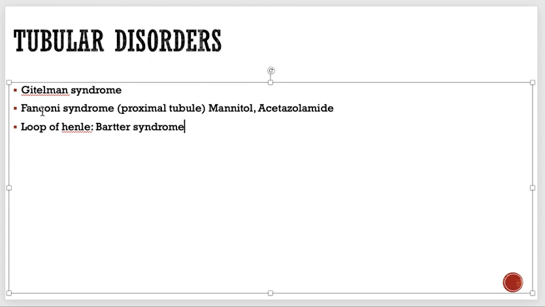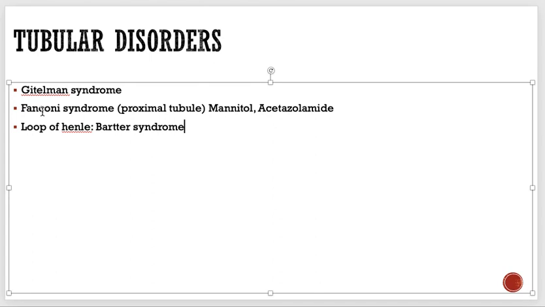Because of the sodium potassium chloride transporter, when more and more sodium is reabsorbed in the body, what we lose is potassium and chloride. That's why it leads to hypokalemic, hypochloremic metabolic alkalosis.